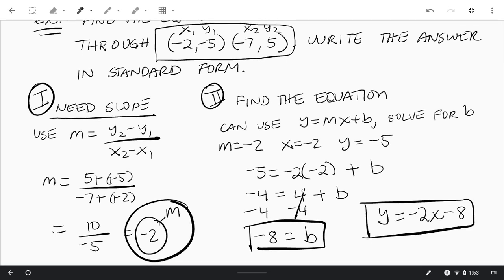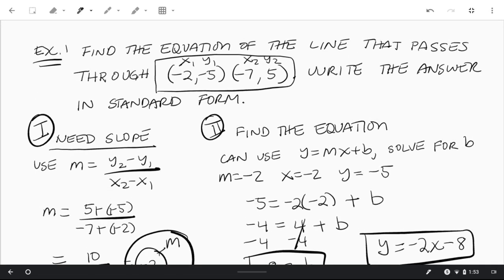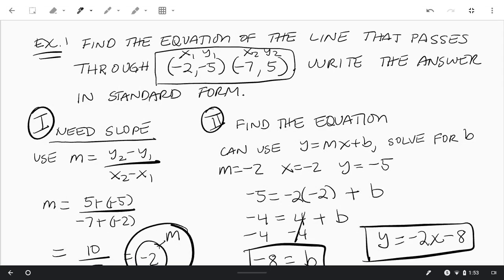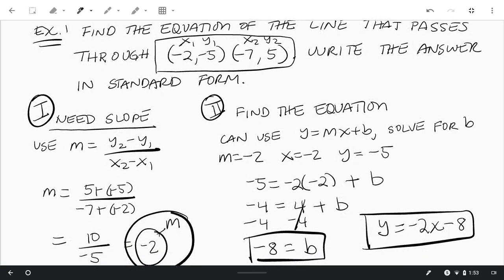Now, it's a lot of work just to get here, but you always want to make sure that you are done, or to see if they are asking you for something else. When we look at the problem, it says find the equation of a line that passes through these 2 points. So we did that.